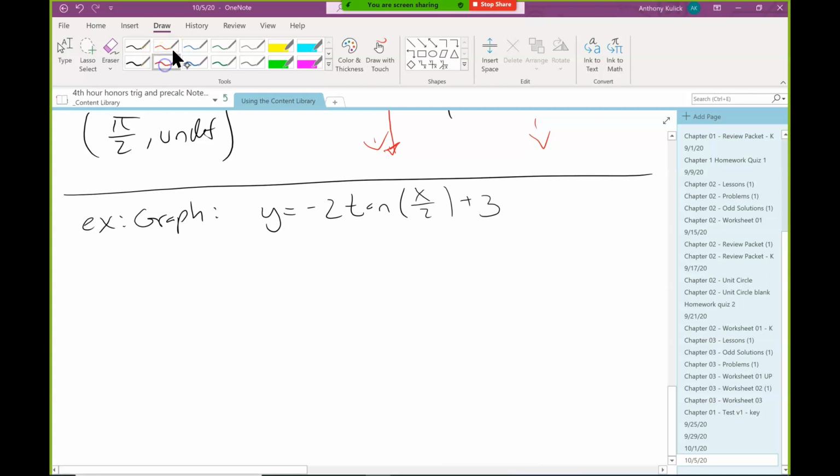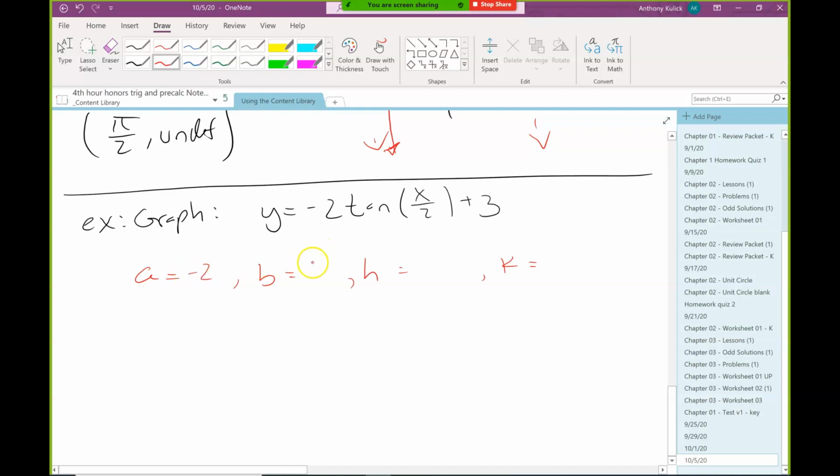So I would start, just like we did before, by identifying our values for A, B, H, and K. The value for A is -2.